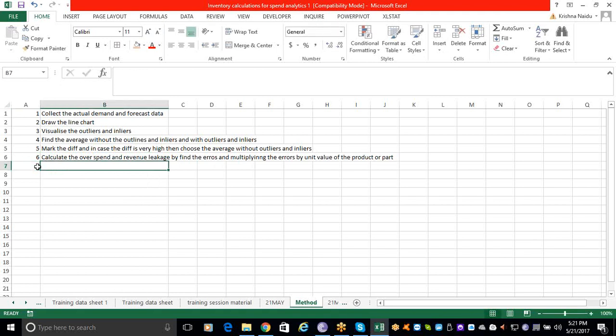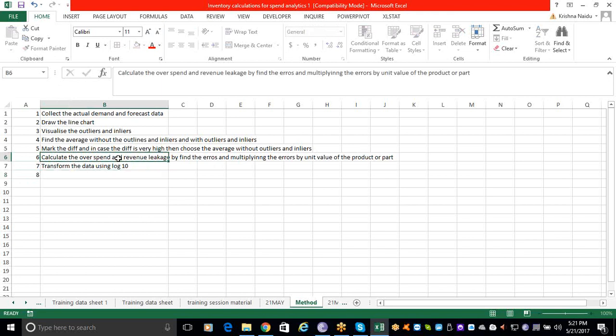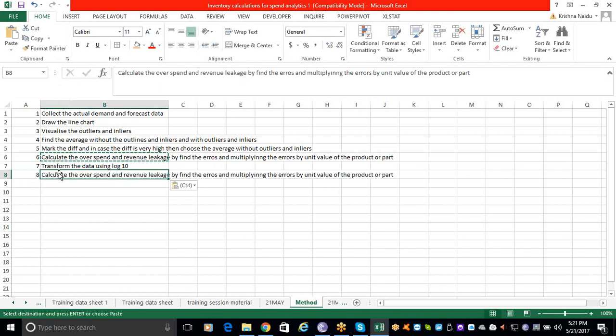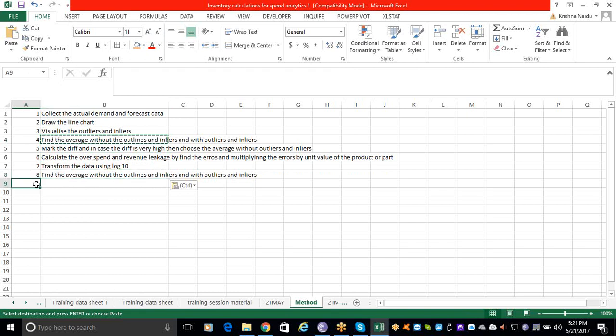Now 7. Transform the data using log 10. Okay. 8. Calculate again the same thing. 9. Okay.